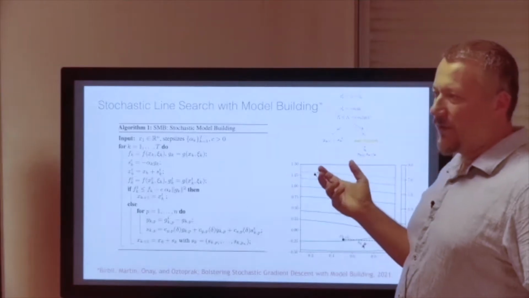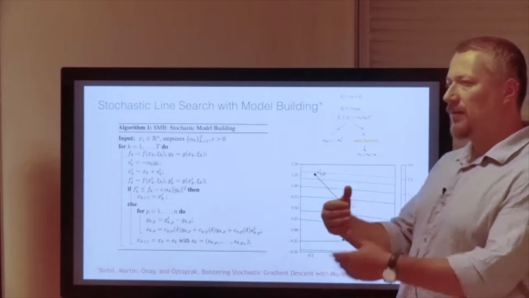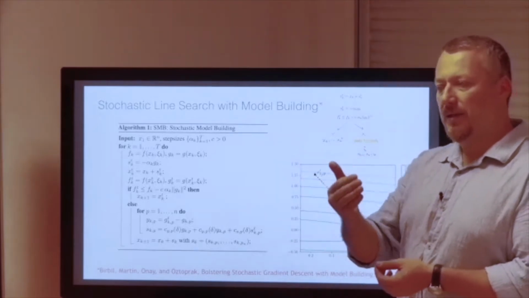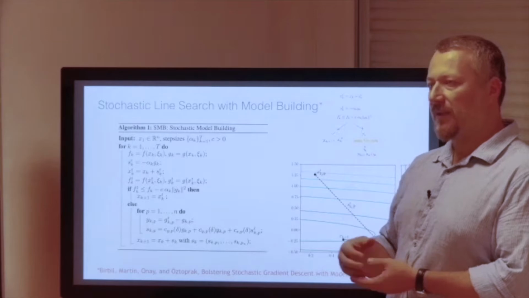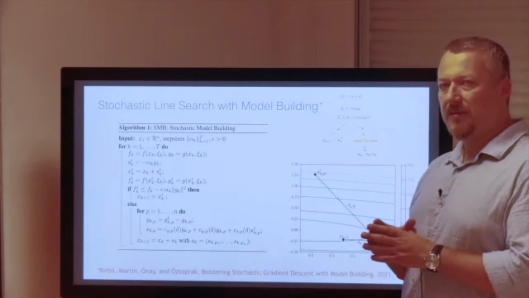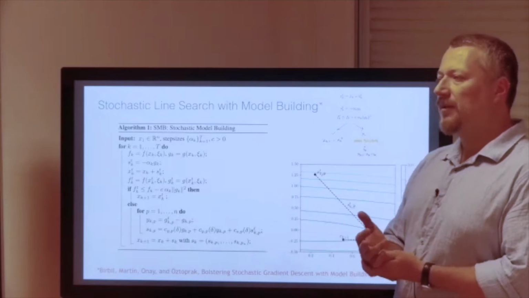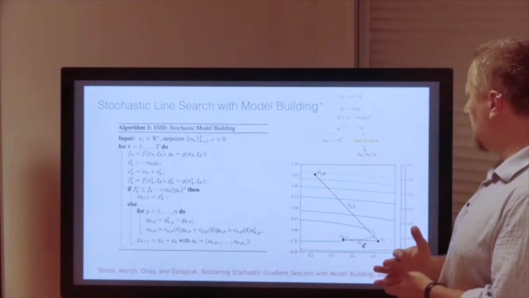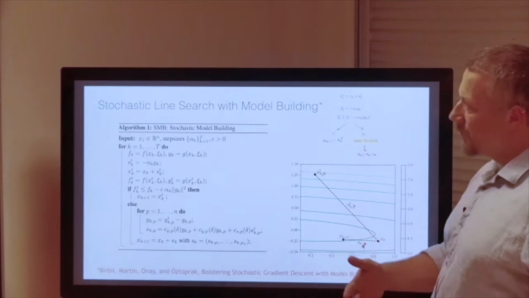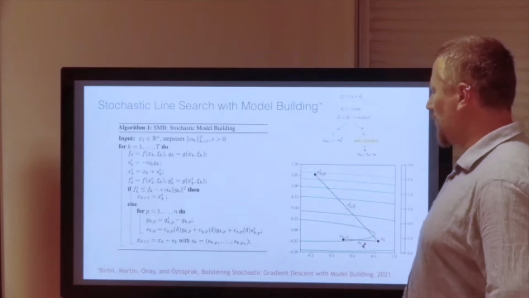The difference between the previous approach and the model building approach is, in backtracking, you always stay in the same direction, but you are decreasing the step size. Here, when you build the model, you are decreasing the step size, but also you are changing the direction of the step. So that's one of the main differences between model building and backtracking approaches.